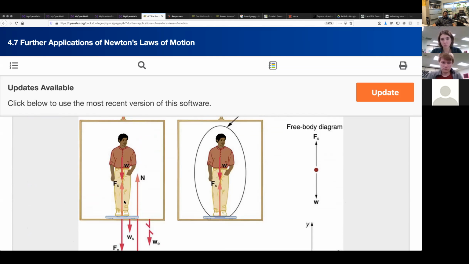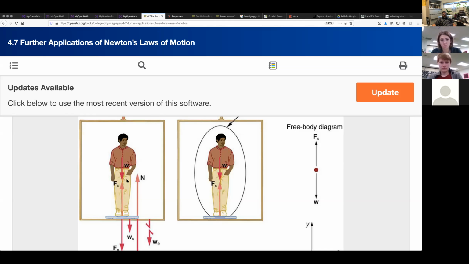You can essentially think of the force that the scale pushes up on you with as kind of like the normal force, right, on the scale. And if you're not going anywhere, then the weight down and the force up on you from the scale are equal.